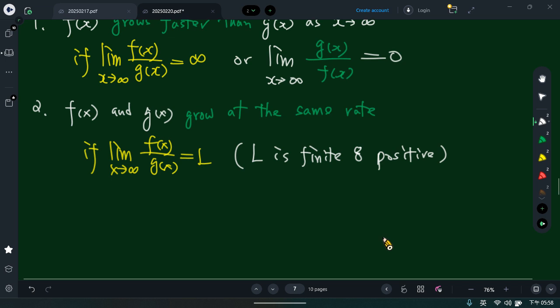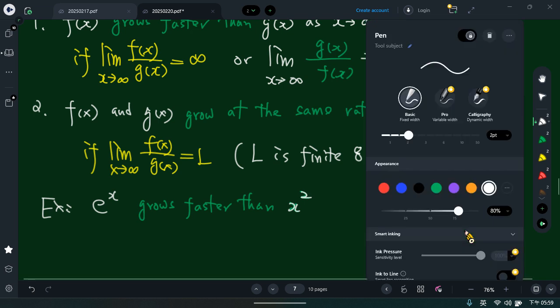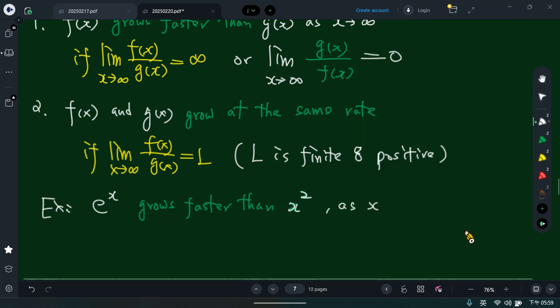Let me show you an example. We say e to the power x grows faster than x squared as x is approaching positive infinity.